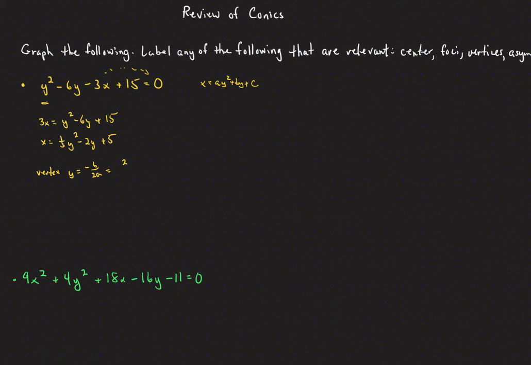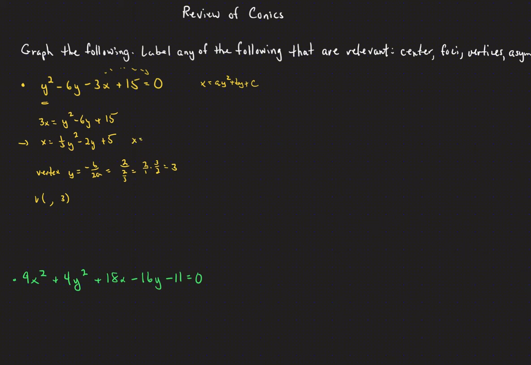So the negative b is going to be 2, and the 2 times a will be 2/3. So 2 divided by 2/3, which is multiplied by 3/2, is going to give us a vertex that has y coordinate 3. We can plug that into our equation to get the x coordinate of the vertex.